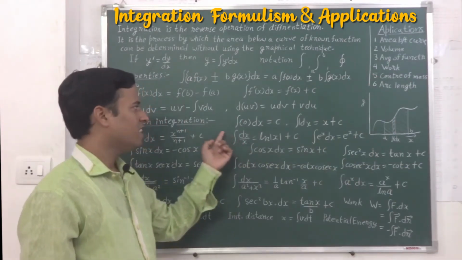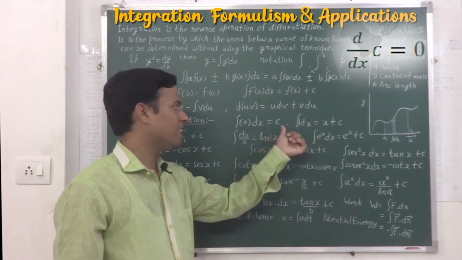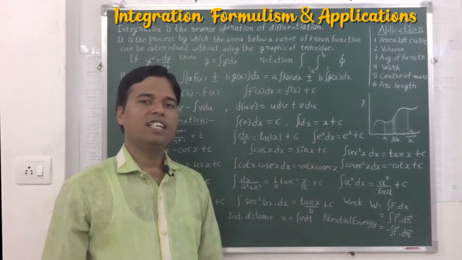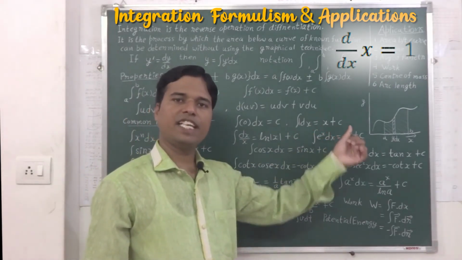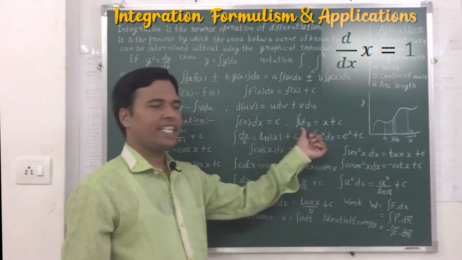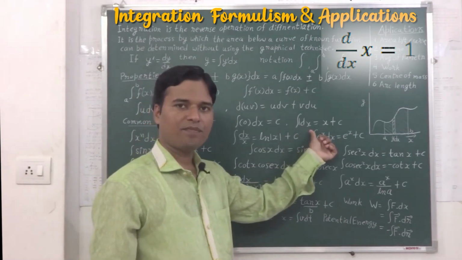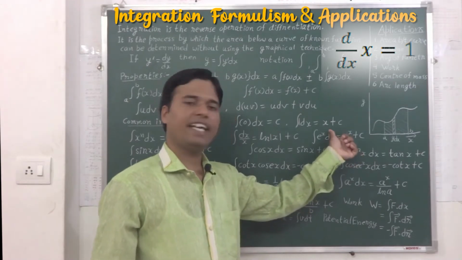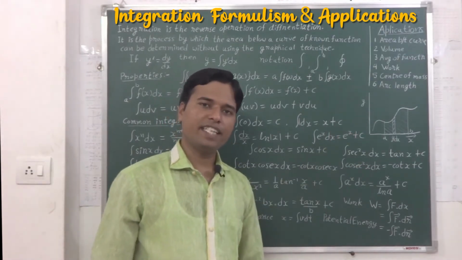The integration of 0 with respect to some variable is always equal to a constant value. If we take the derivative of the quantity x with respect to x, we will get 1. In the reverse process, if we take the integral of 1 with respect to x, you will get the quantity x plus the constant of integration.